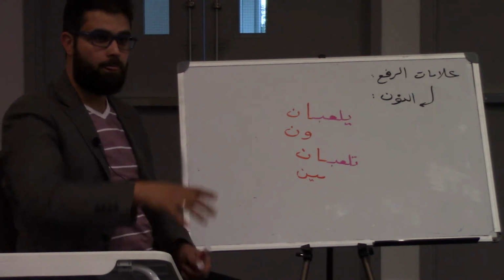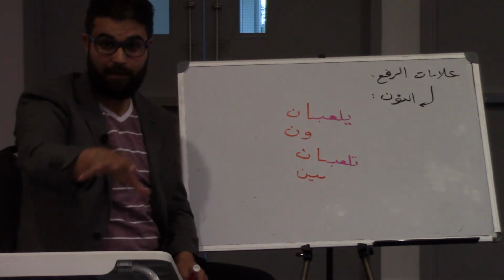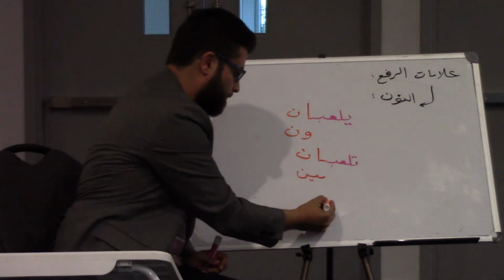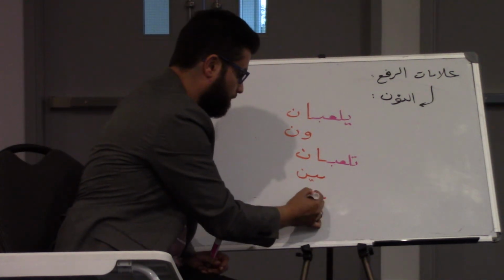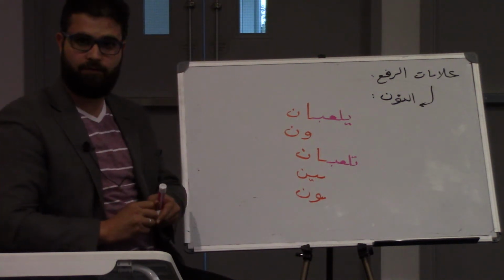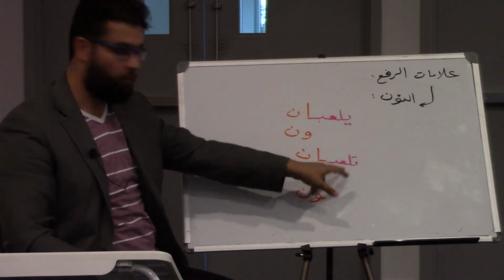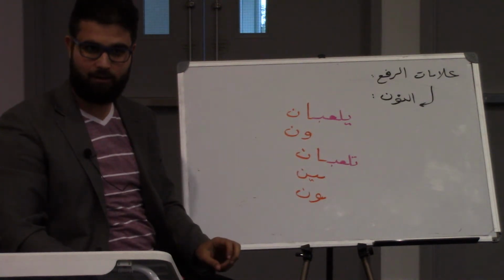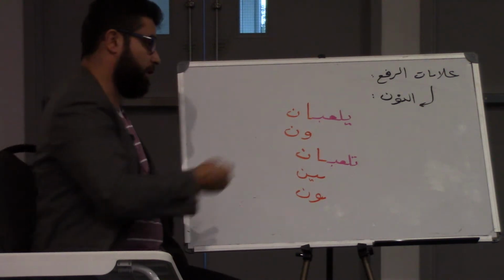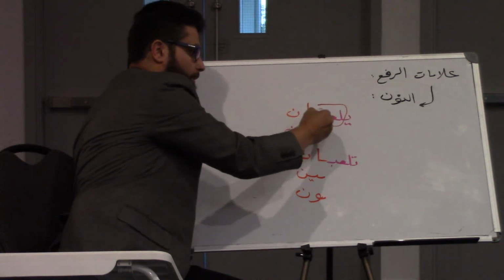And if I'm talking to a group in front of me that they're playing, I'll say antum tal'abun, right? So 1, 2, 3, 4, 5. Right? 5 different situations. 2 with the ya and 3 with the ta at the beginning of the present tense verb.